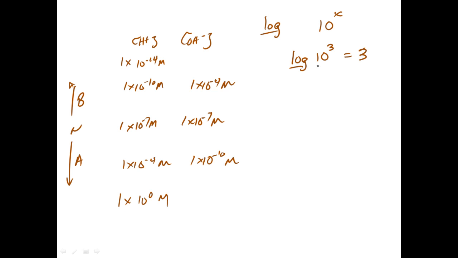So log is the inverse of exponent. So log of 10 raised to the 3rd power just gives me the number 3. If I have a number like 10 to the negative 7th power, if I take the log of this, I'm going to get negative 7 for my answer. That's the inverse.